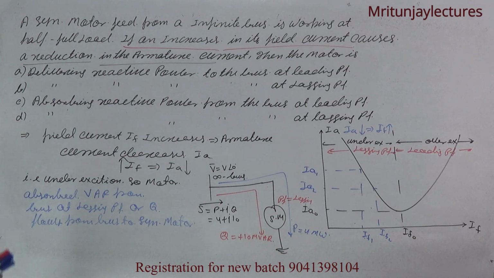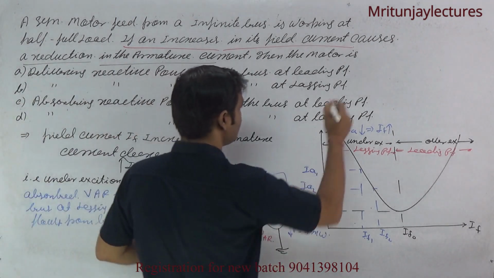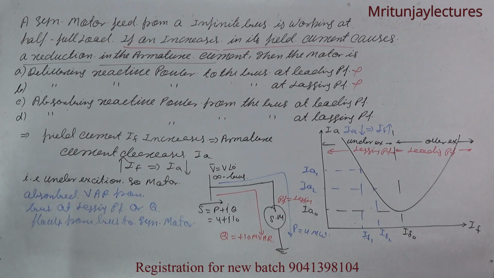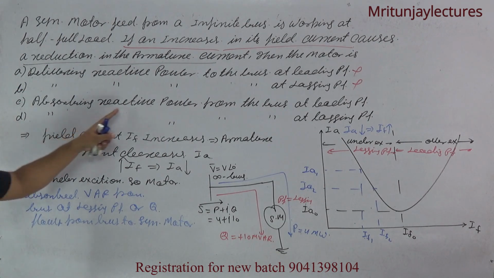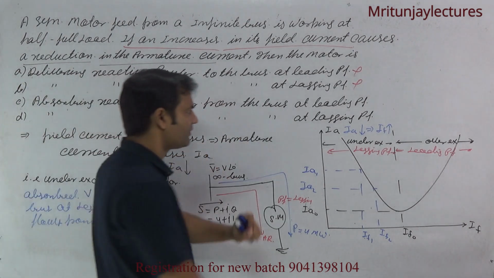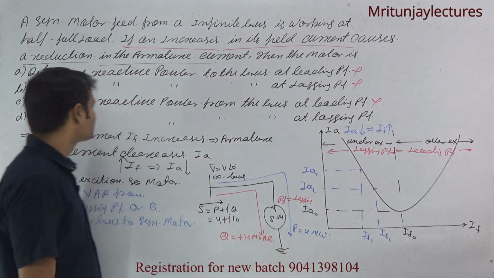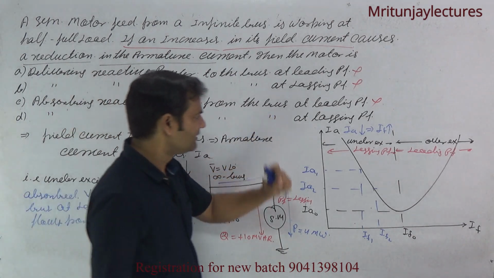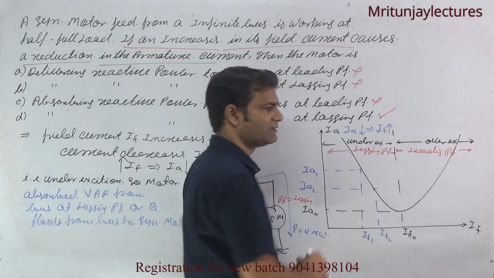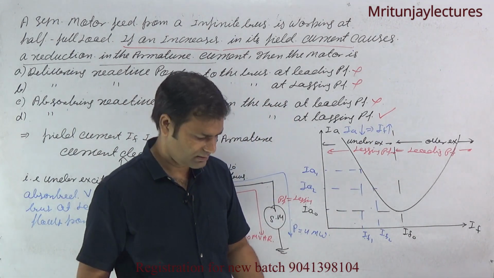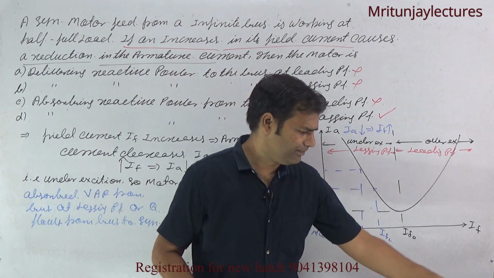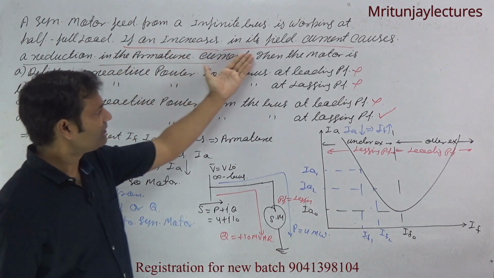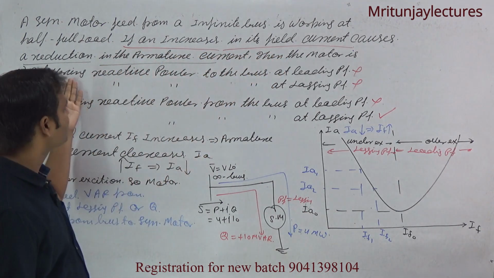Which option is the correct option? The first two are not options, because of the corresponding question. Absorbs reactive power from the bus at leading power factor? No. Next one, absorbs reactive power from the bus at lagging power factor. Which one is correct? D is the correct option. Clear? Our focus: field current increases, what about armature current?